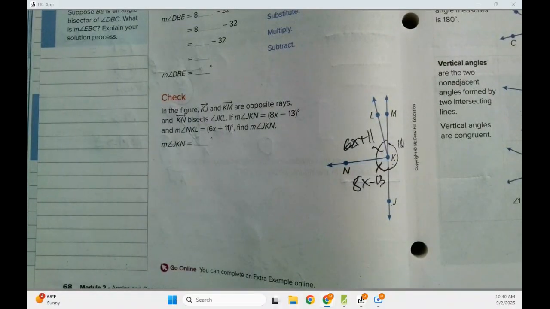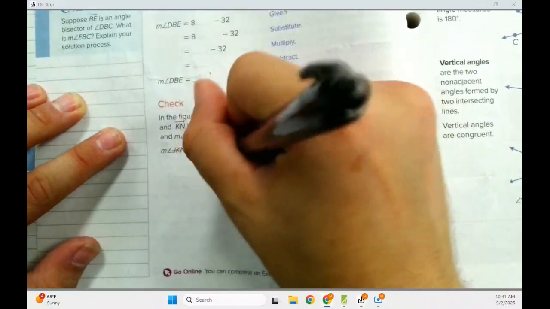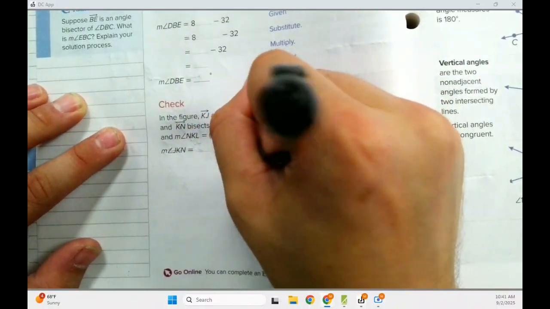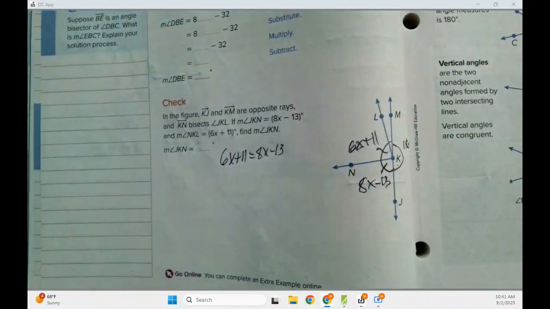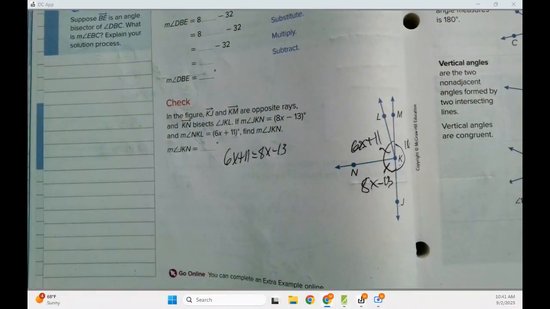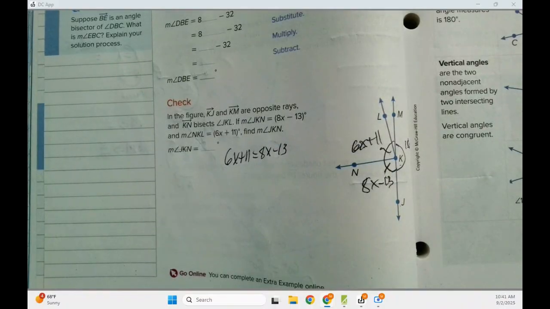How do I set this up to solve for x? Yeah. 6x plus 11 equals 8x minus 13. Exactly. 6x plus 11 equals 8x minus 13. Why? Because if you solve for x, and you input it into one of the expressions, you get your angle. Exactly. That's the process I'm going to do.